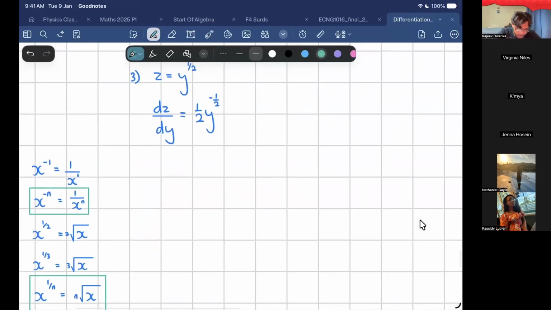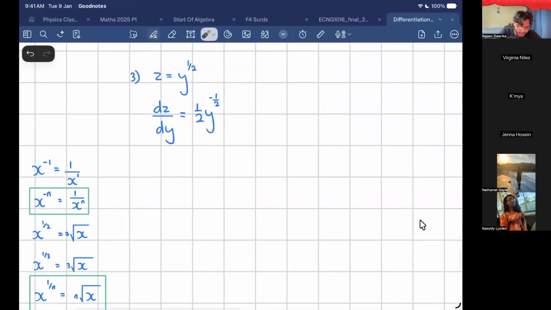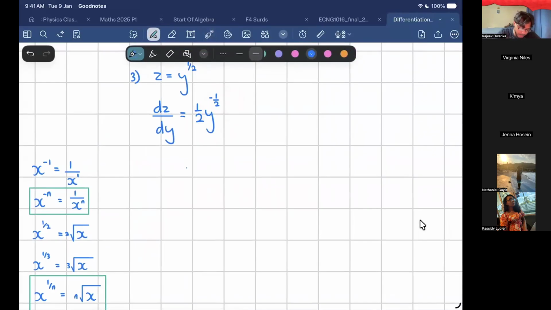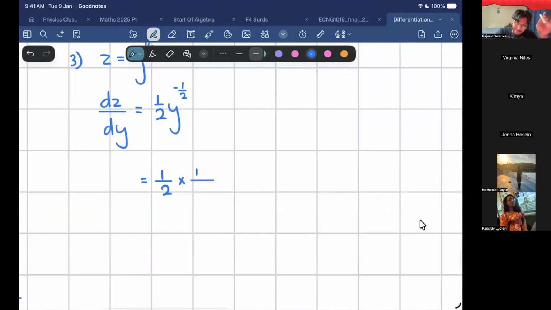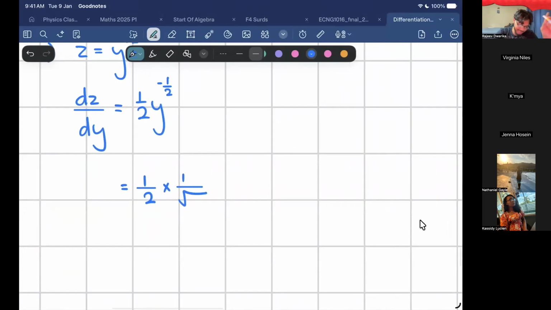So let's look at what we have here. We have y to the power -1/2. What could I write y to the power -1/2 as? 1 over square root y. Big up Nathaniel, he jumped the gun there.